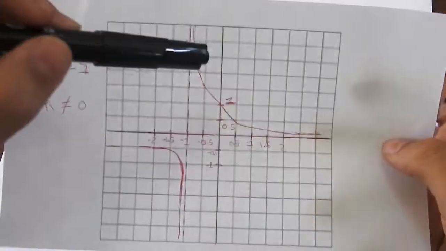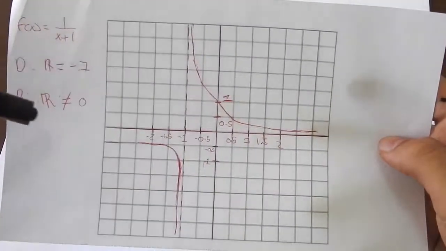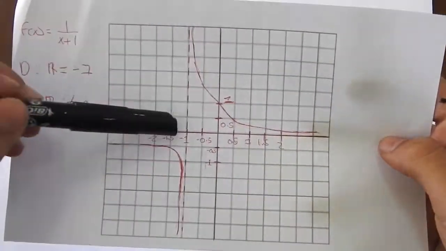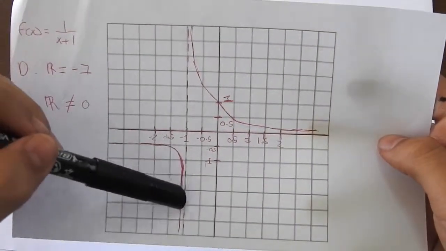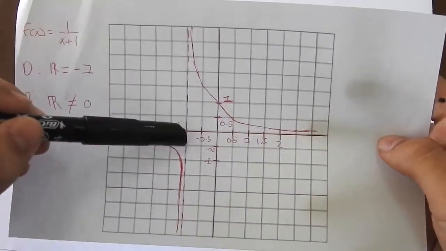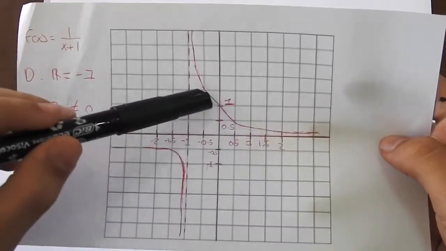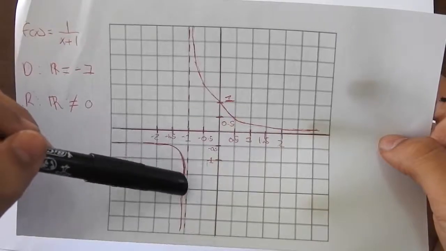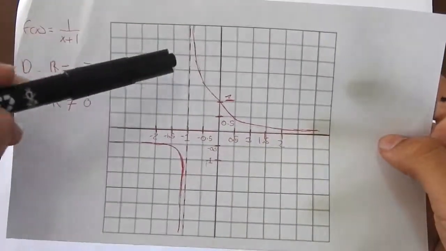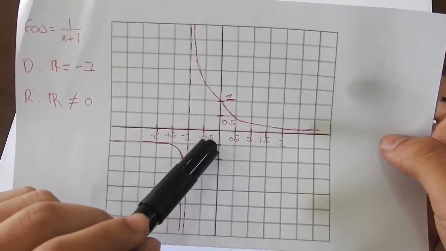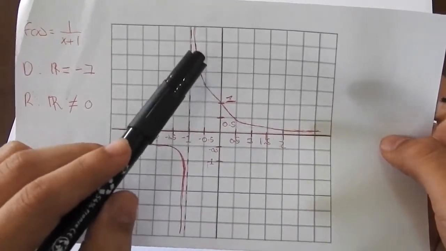As you can see, I have the function drawn here. This is a hyperbola. All values are taken except for this line, which is at -1. As you can see, the values are getting closer and closer to -1, but they never touch -1. If you take values greater than -1, for example 0.5, you have this value.